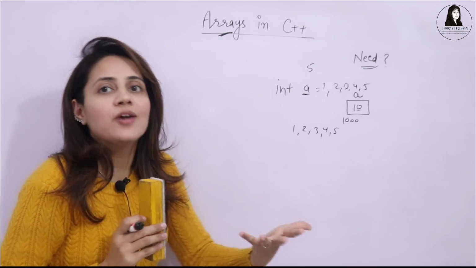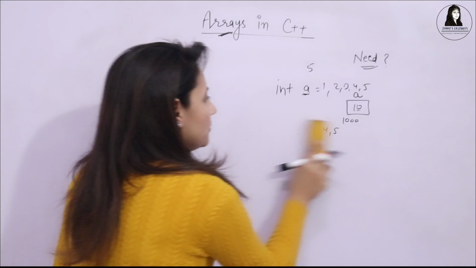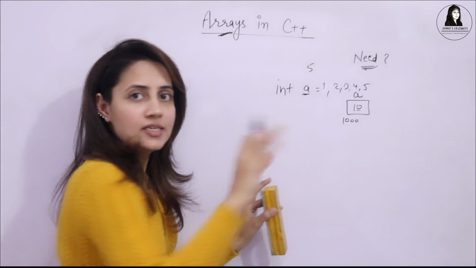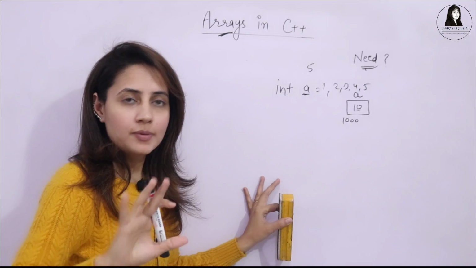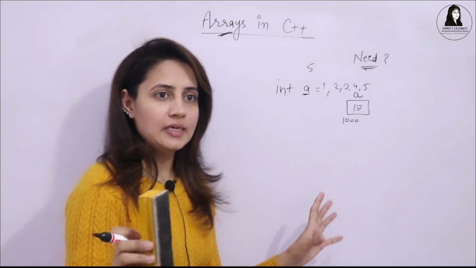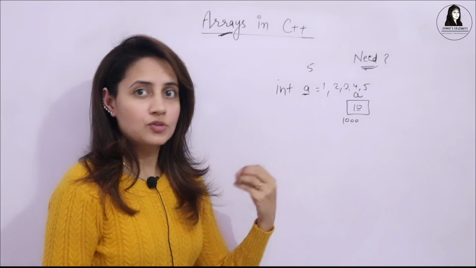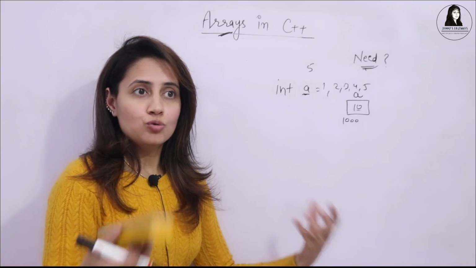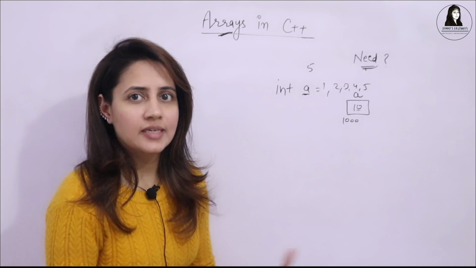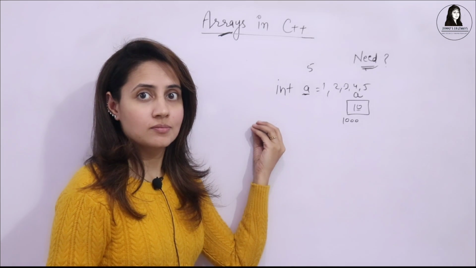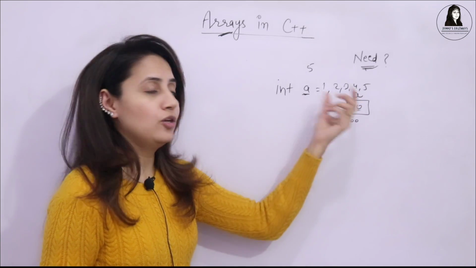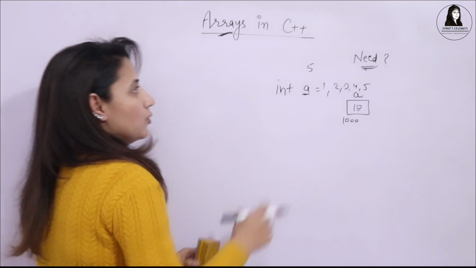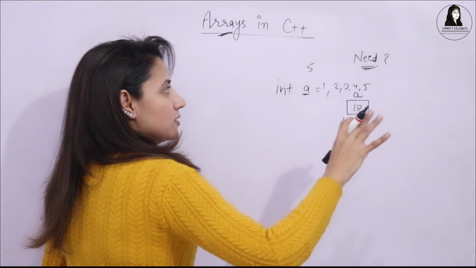How we are going to store, this is important. I think the need is clear to you, because in real life we deal with a large amount of data, and you have to store and manage that data. For that we obviously need arrays. We cannot take a different variable name for each value, right?